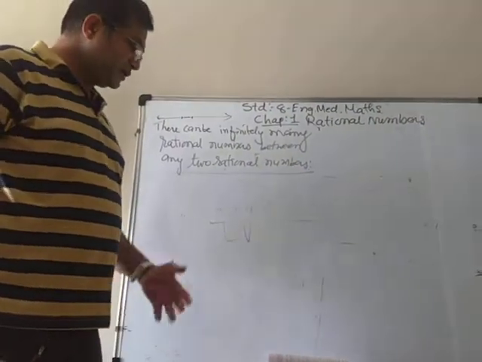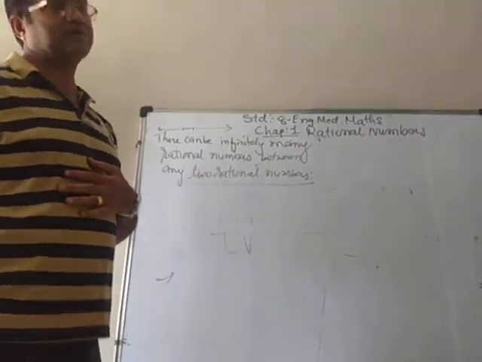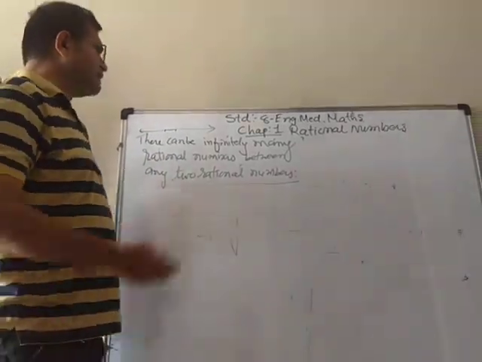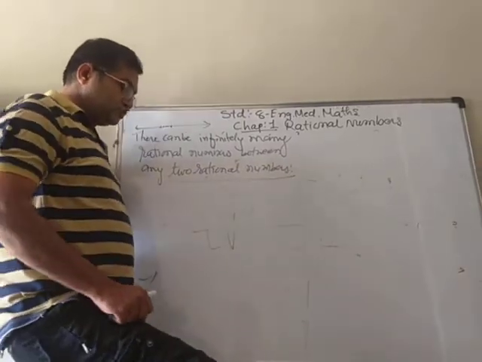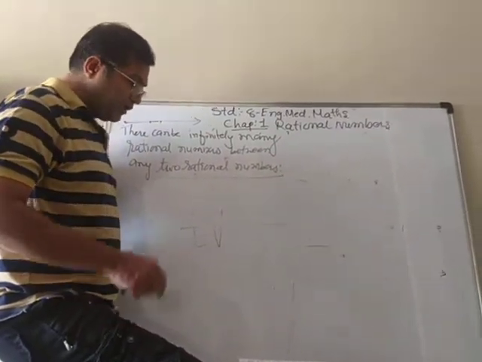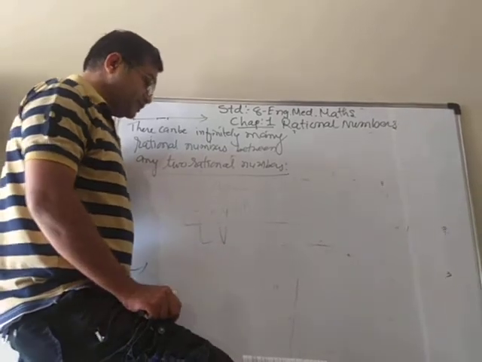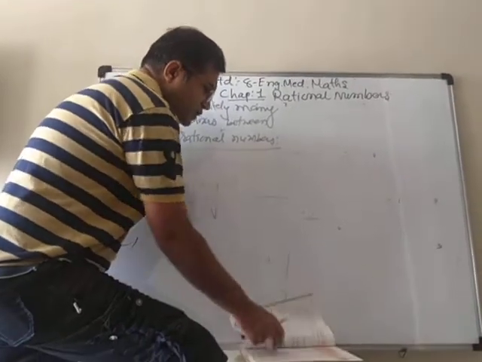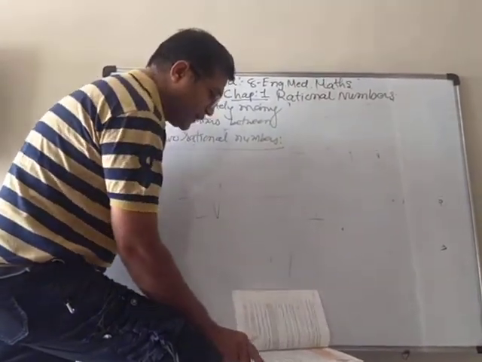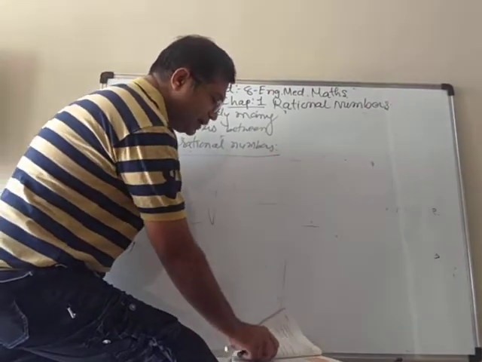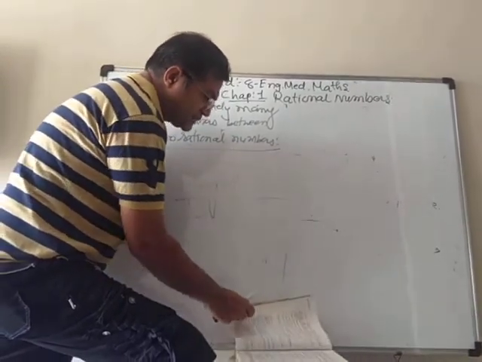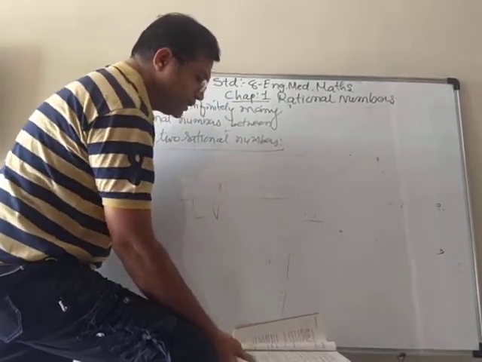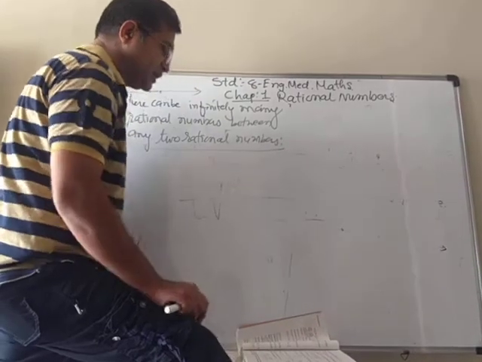Now, if the question asks to find any 5 or 3 or 4 rational numbers between the given two numbers, what can we do? That we are going to learn: given two numbers, we find 5 or 7 or 10, whatever they ask, rational numbers between them.